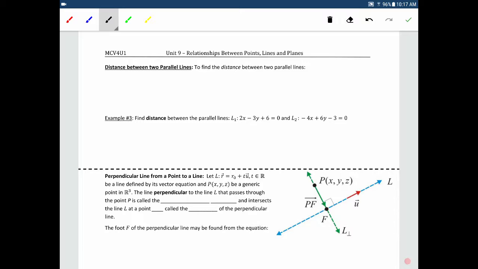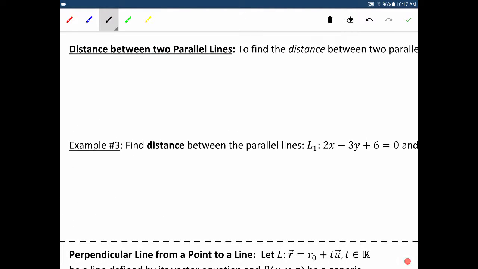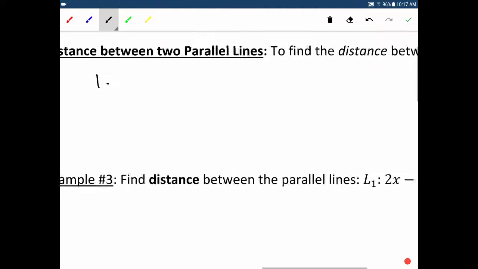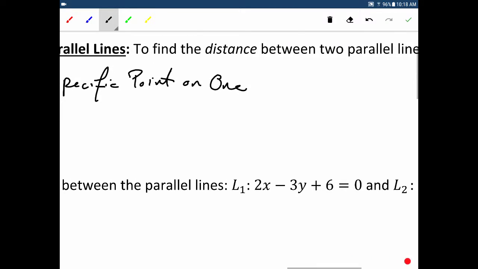To find the distance between two parallel lines, step 1, we're going to find a specific point on one of these lines.